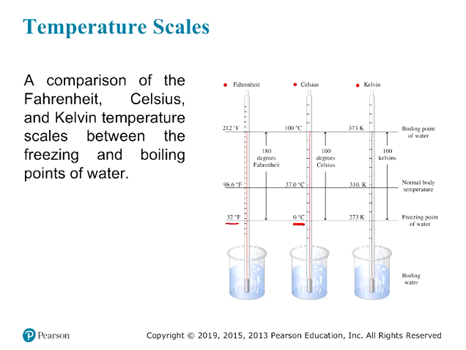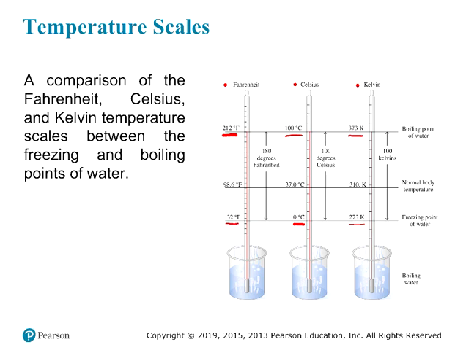In Kelvin, that's 273 Kelvin. And then if we look at the boiling point of water, in Fahrenheit, that's 212 degrees. In Celsius, it's 100 degrees Celsius. And in Kelvin, it's 373.